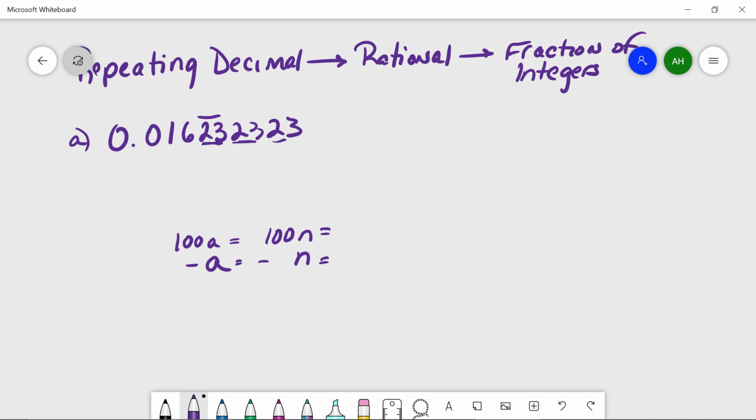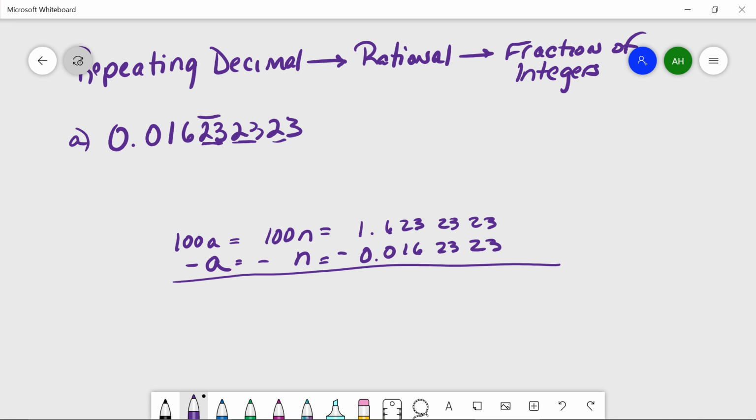Here my number is 0.0162323. If I multiply it by 100, I'm going to move my decimal point 2 places, so my number is going to be 1.62323, and that would carry on. Now I'm going to subtract them.